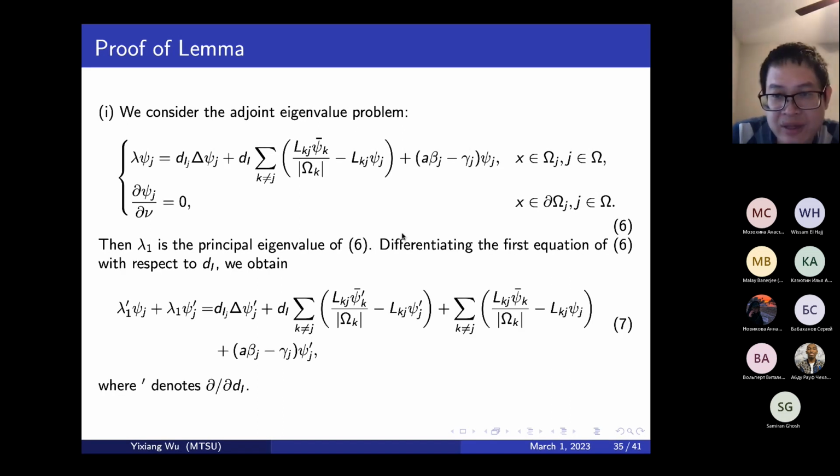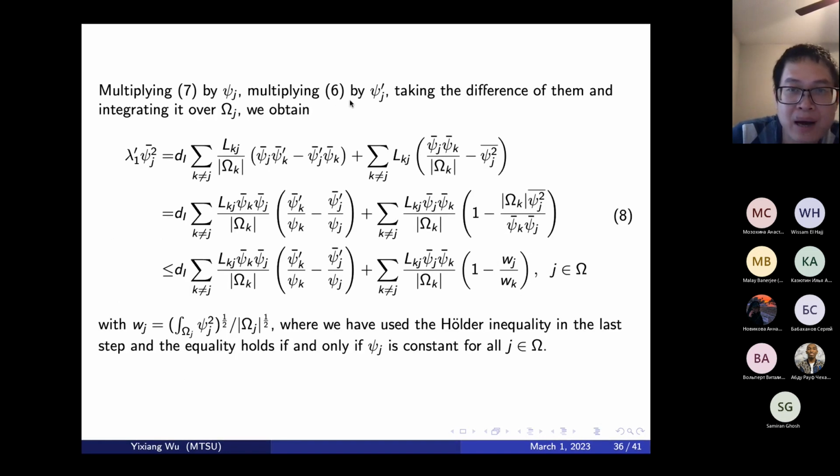Then differentiate this equation with respect to di, and we get equation 7. Then multiply equation 6 by phi j prime, multiply 7 by phi j, and take the difference.